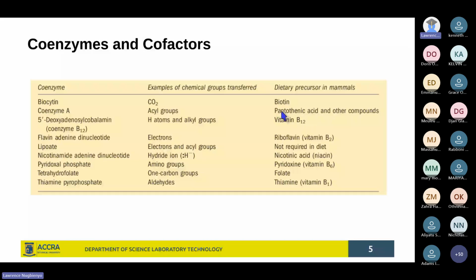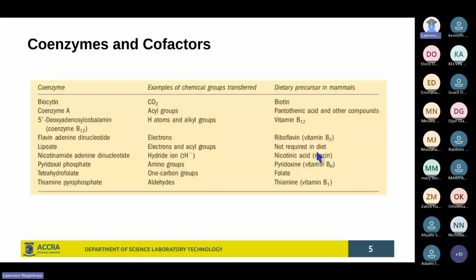So, for instance, we see biotin. I don't remember so well, but I think biotin is vitamin B3. Pantothenic acid, I think, is vitamin B5. Then you see vitamin B12. You see riboflavin, vitamin B2.